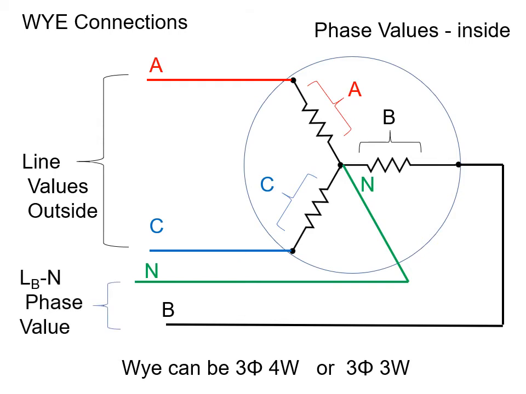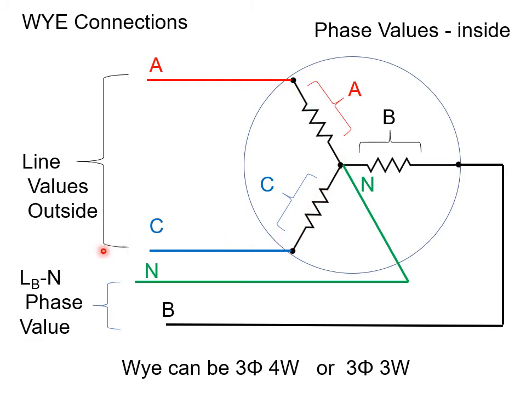Between the neutral and any single one of the lines is also considered a phase value, because if you trace your finger along from the neutral through, you can see that it only covers phase B. Whereas if you go from line A to line C, you'll be going across 2 phases.